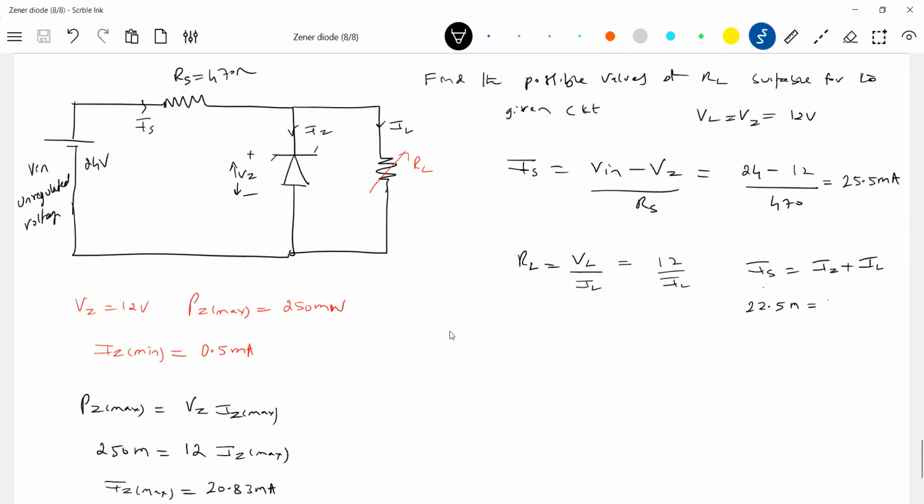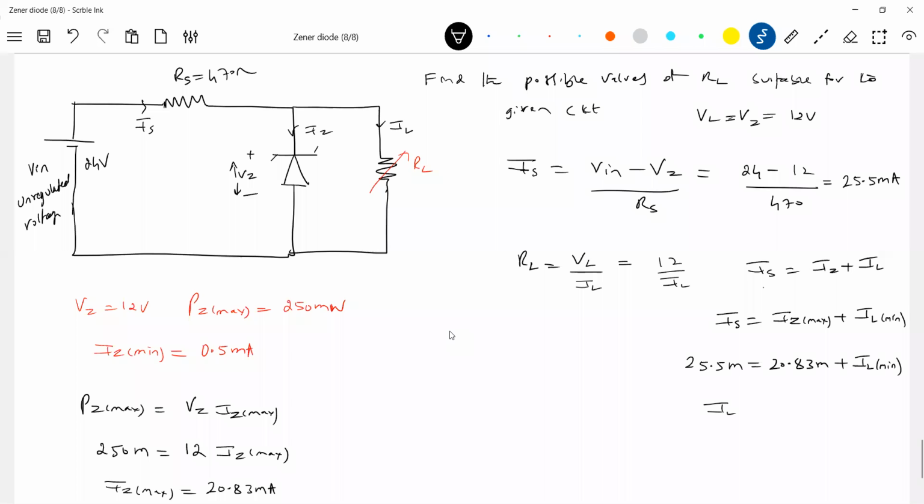So I'll write it as IS, this fixed value 25.5 milli, equals IZ max 20.83 milli plus IL minimum.